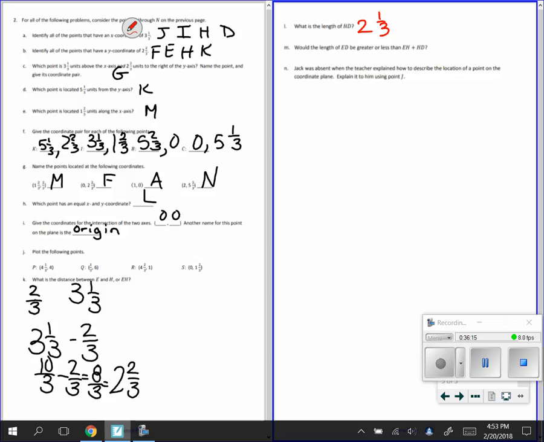Would the length of ED be greater or less than EH plus HD? So the length of ED we have not figured out. So EH and HD we do know.